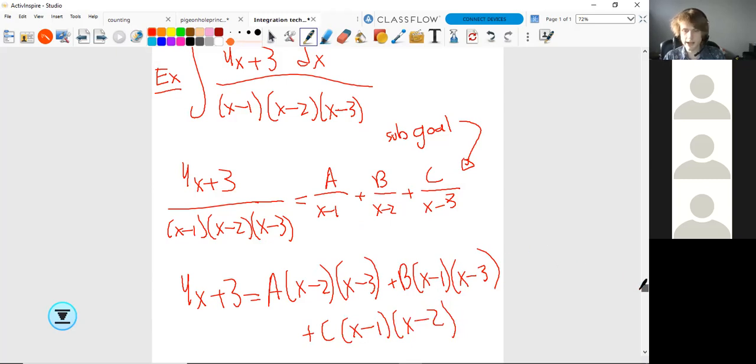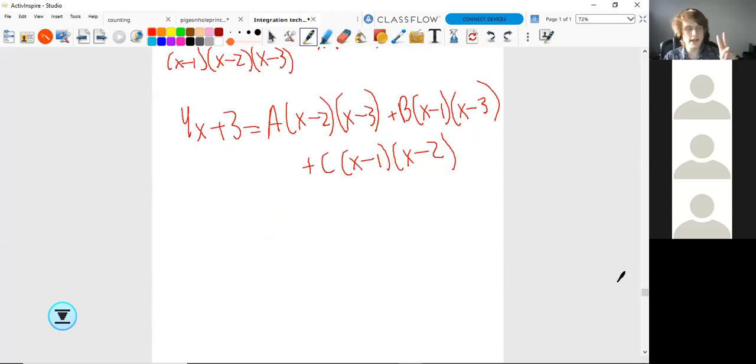And we want to solve for a, b, and c. There's actually two ways of doing it. There's one way that doesn't always work, but it is faster, and a second way that always works. We'll do the way that doesn't always work first. It will work in this case, just to show when you should take the shortcut. Then we'll do the way that always works, so you're not out of luck when you run into a problem where this won't work.